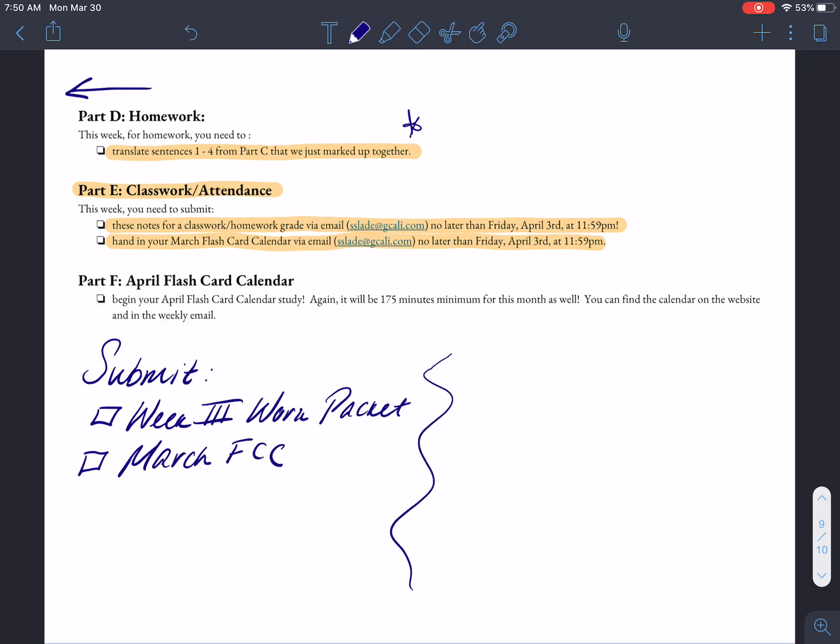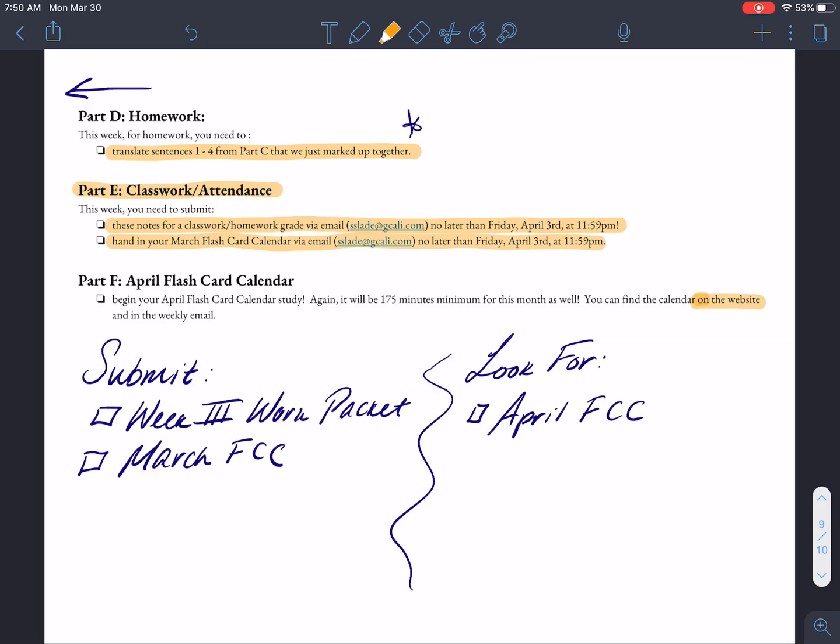Now, since April is beginning, you need to know where to find your April flashcard calendar. That can be found on the 5th grade website that I've made for this class, which you can find by going through RenWeb or even clicking on the link in the email that has been sent this week at the beginning, giving you this information.